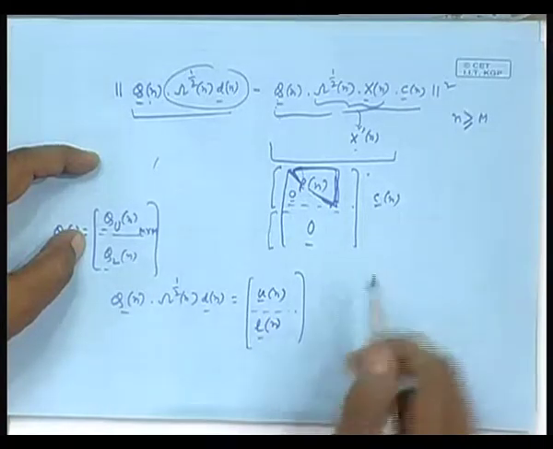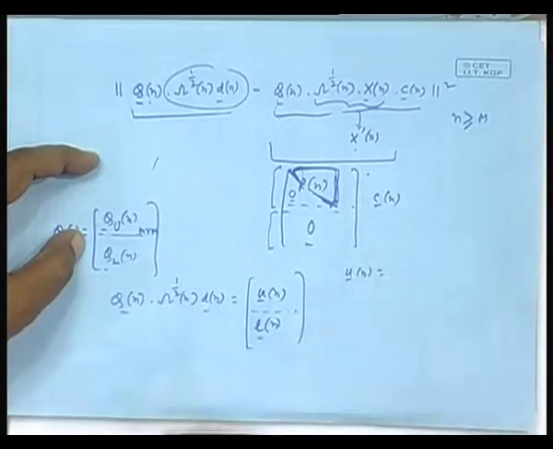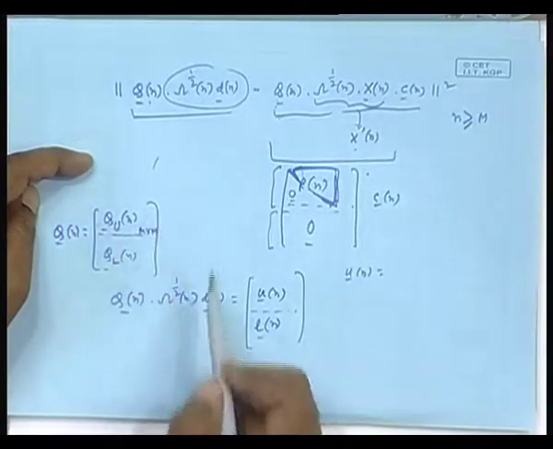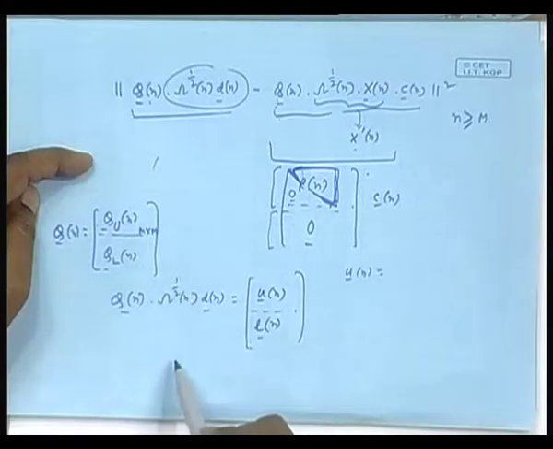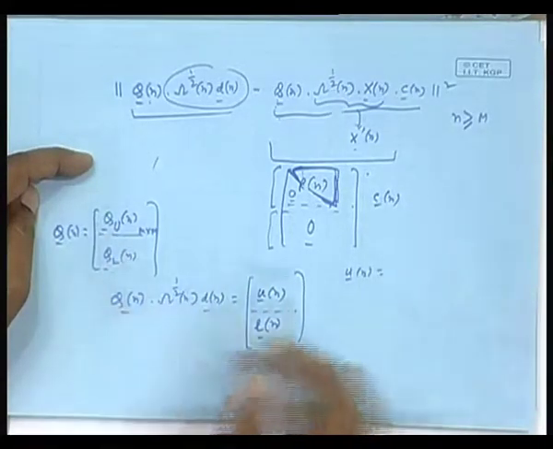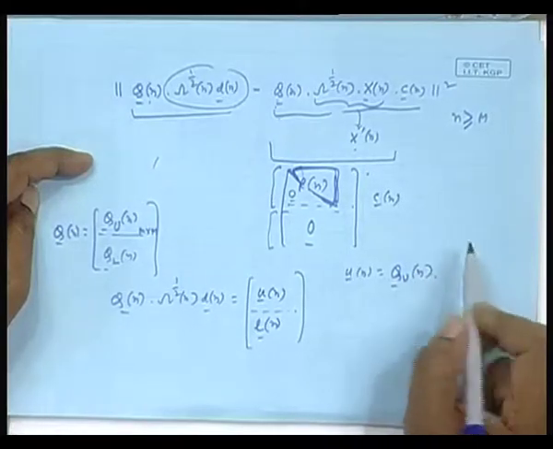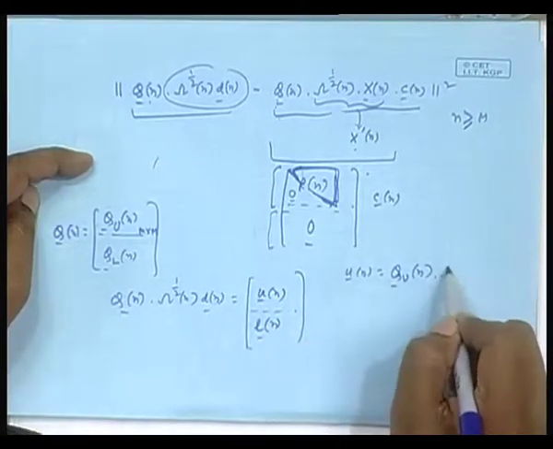Okay. What is u n? In q n, the upper part times this vector. This is simple matrix multiplication, the upper part, that is q u n, times this guy.